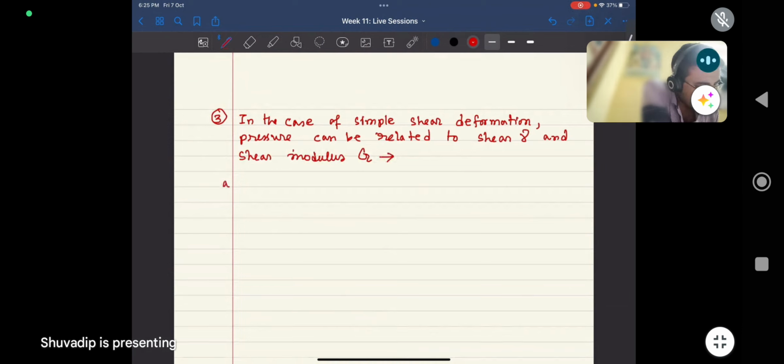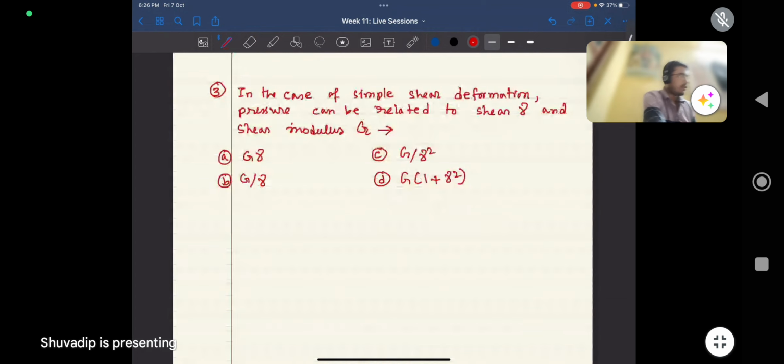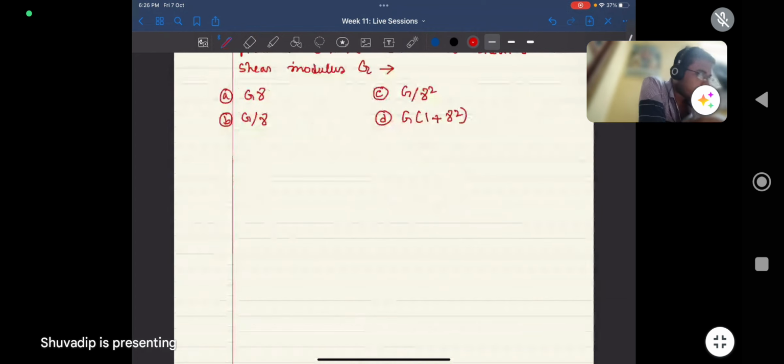There are 4 options. A: G gamma, B: G by gamma, C: G by gamma square, D: G into 1 plus gamma square. Okay, let us discuss this problem in detail now.